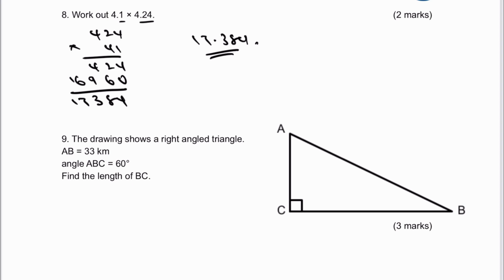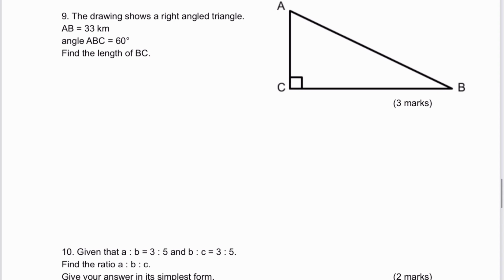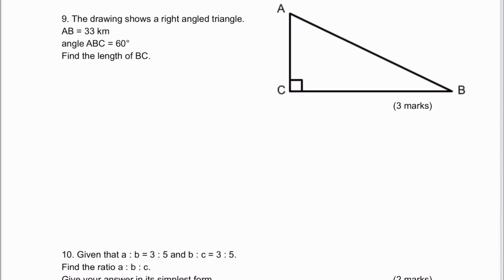Okay, let's move on then to question number 9, which is a SohCahToa type problem. You need to be aware of SohCahToa, particularly when you're using right angle triangles. Okay, so what we're told is that AB is equal to 33 kilometers. We're also told that ABC as an angle is going to be equal to 60 degrees, so the drawing is definitely not to scale.